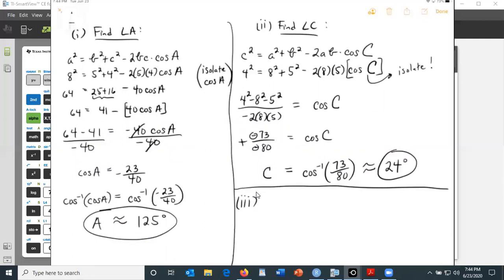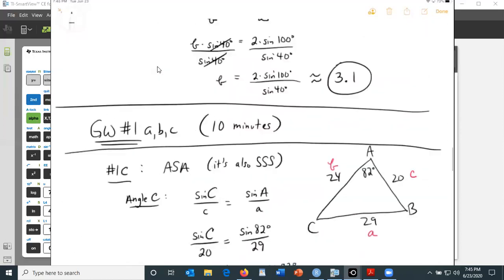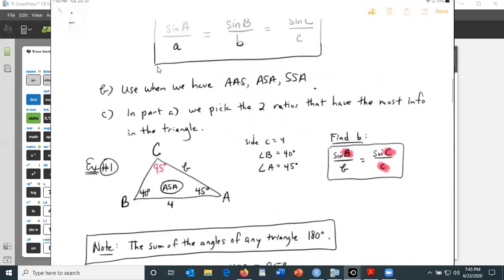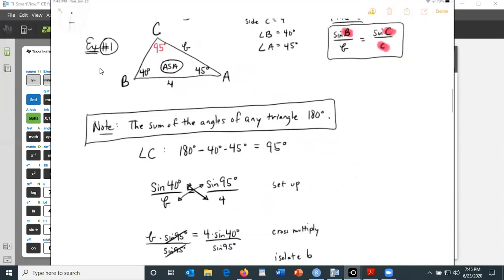And I decided we're going to do a part 3: find angle B. Now notice I left a very small space for this, because you don't need to do all of this to get the third angle. The one thing you have to remember is the law from up here: the sum of the angles of any triangle is 180.